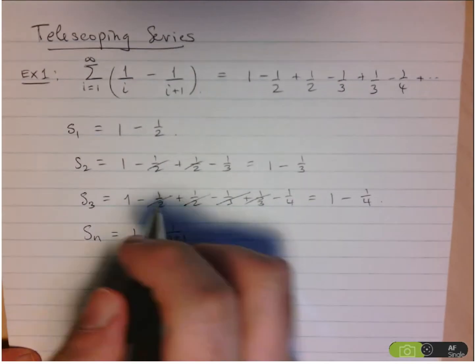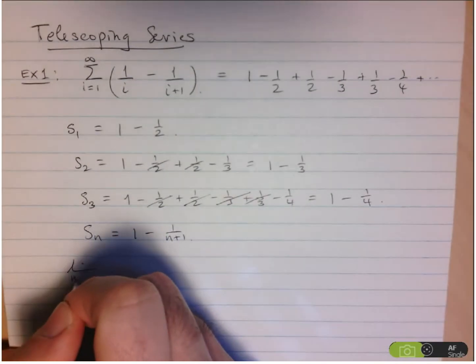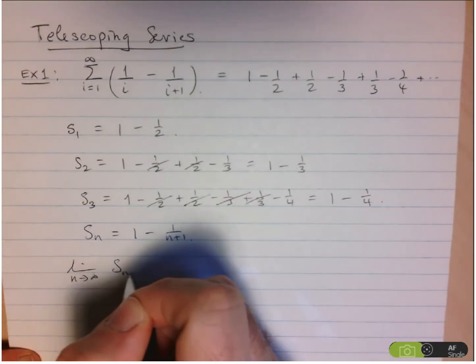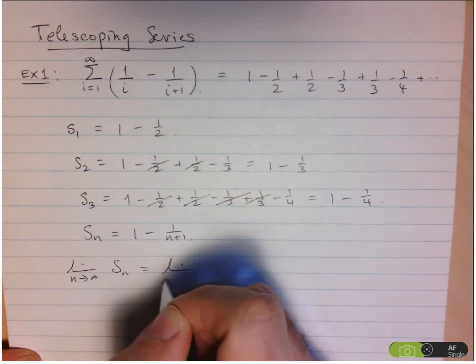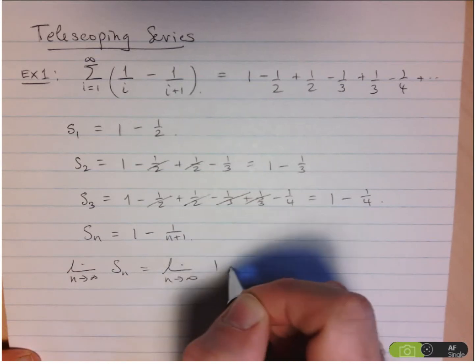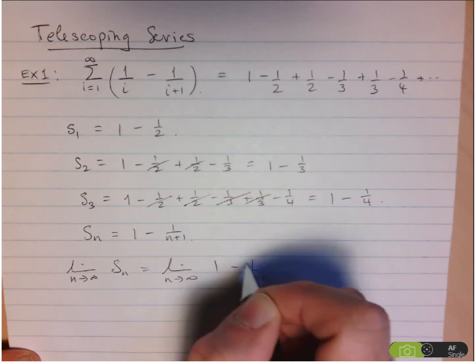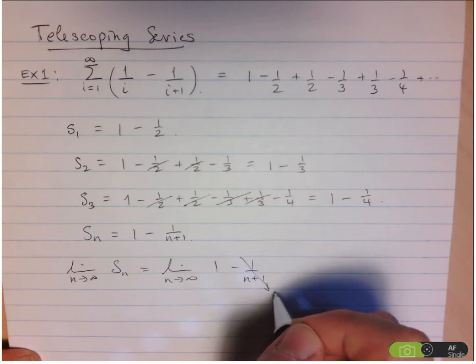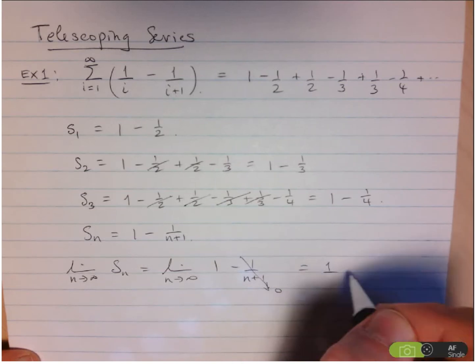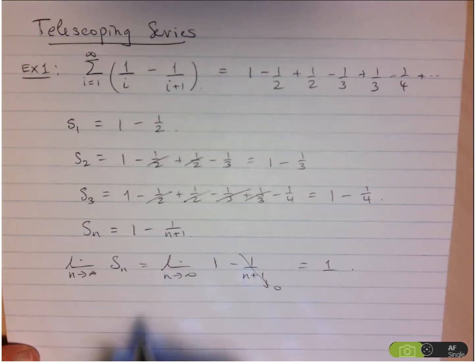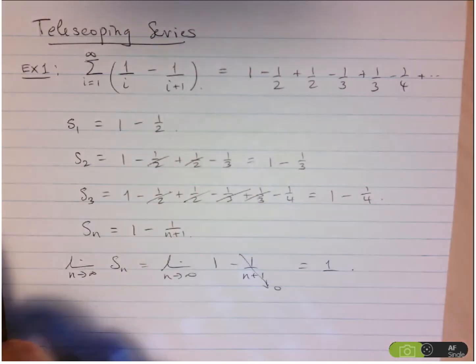Now if we take the limit as n goes to infinity of Sn, we end up with the limit as n goes to infinity of 1 minus 1 over n plus 1. Of course, that second term approaches 0, so our limit is just equal to 1. Exactly what we had anticipated.